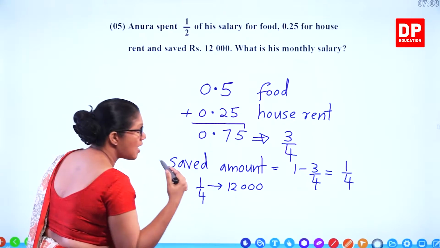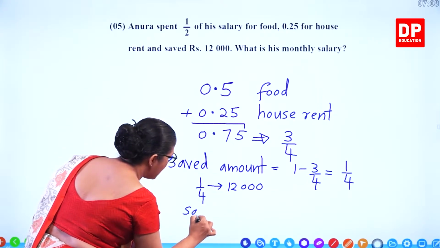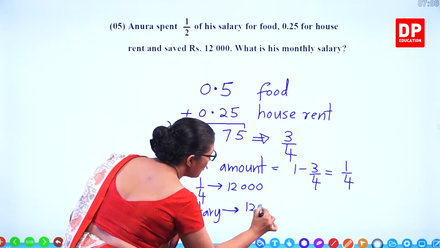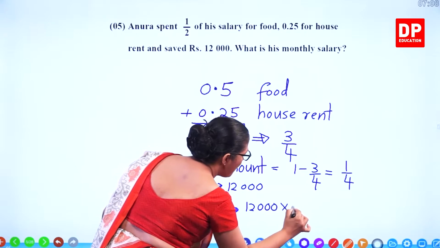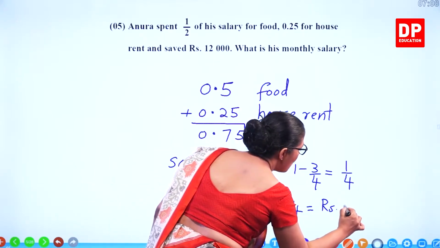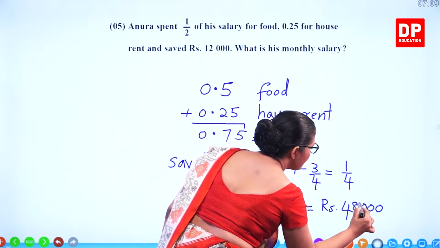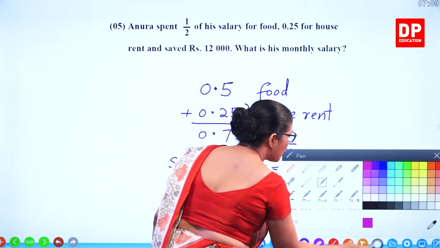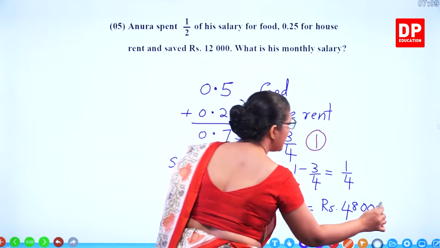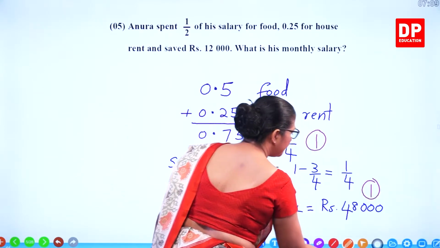So that means you have to multiply by 4. So salary is equal to 12,000 rupees multiplied by 4. So his salary is 48,000. So you get 2 marks for that. 1 mark for the method and 1 mark for the answer.